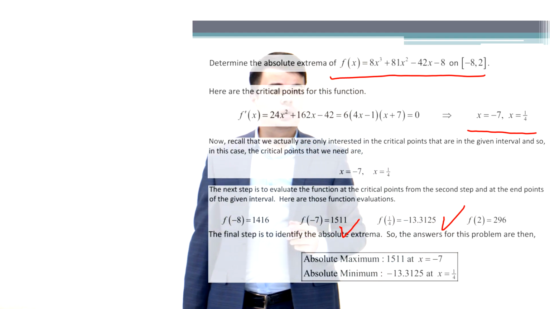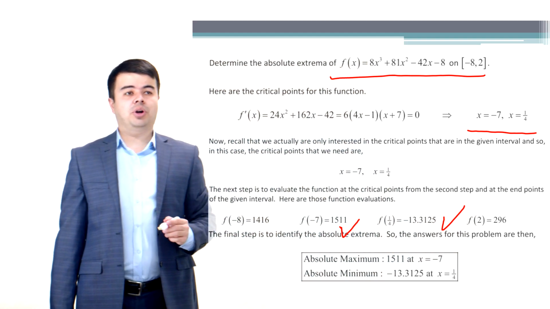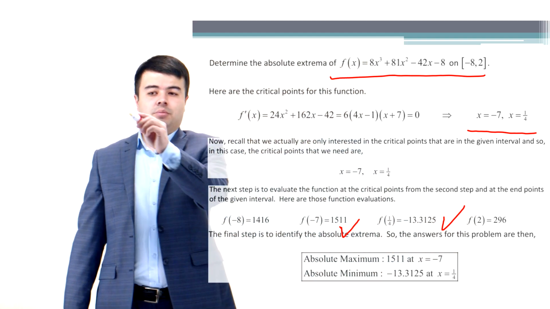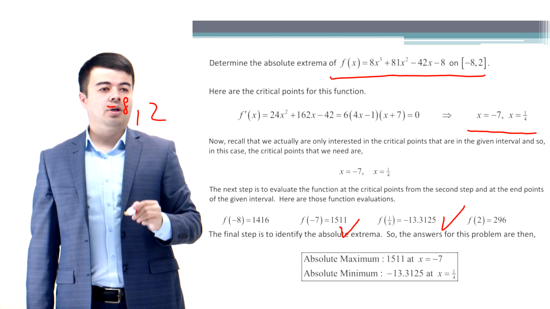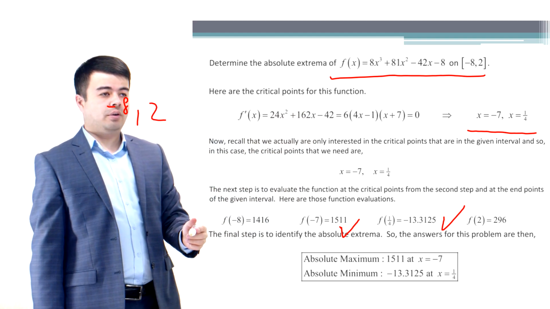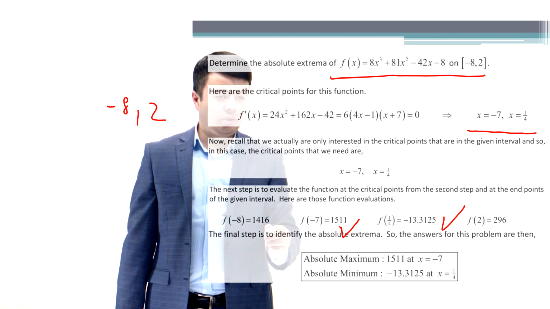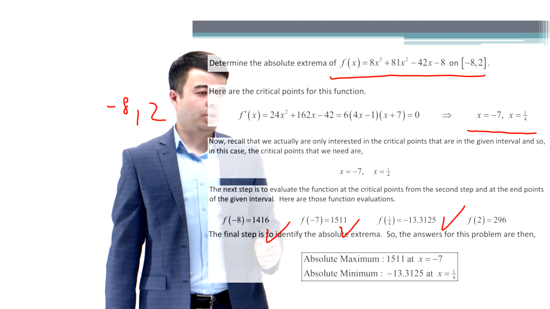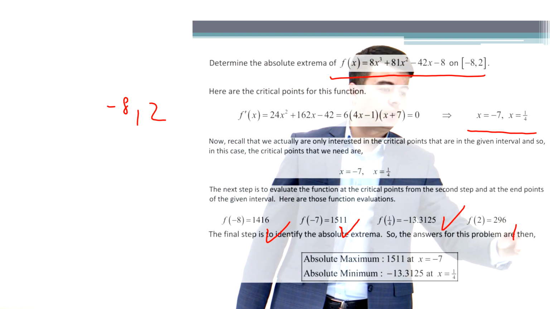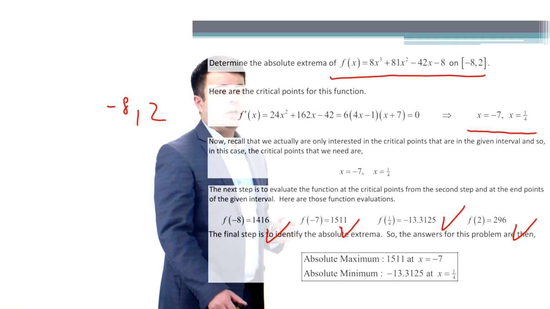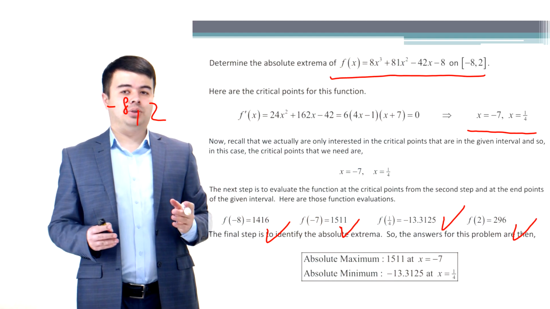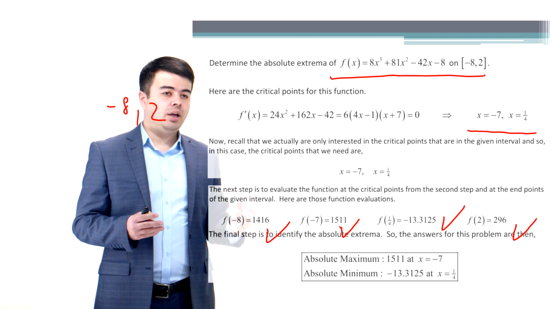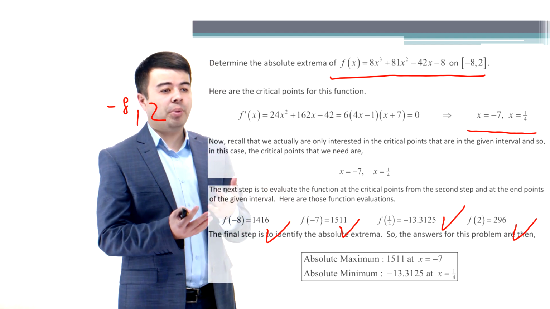And also we need to consider the corresponding values at the endpoints, here minus 8 and 2. So let's find them. When it's minus 8, it is this one. And when it's 2, we obtain the next result. As you can see, here we have 4 corresponding values. Let's compare them.